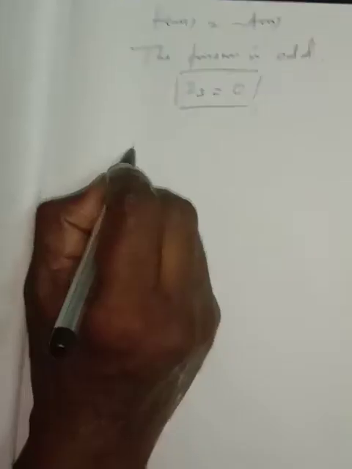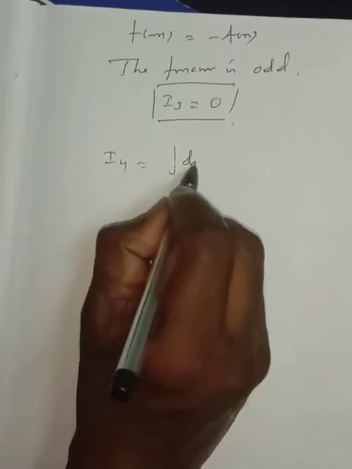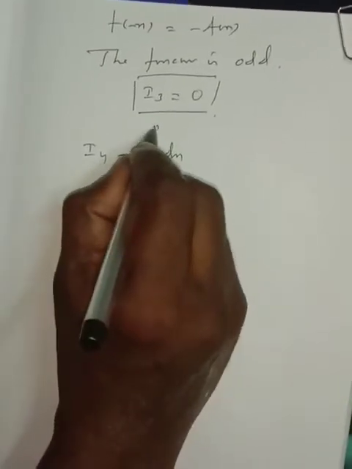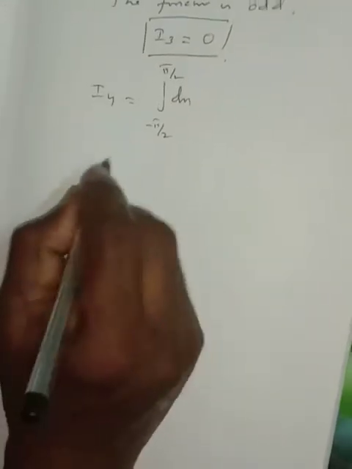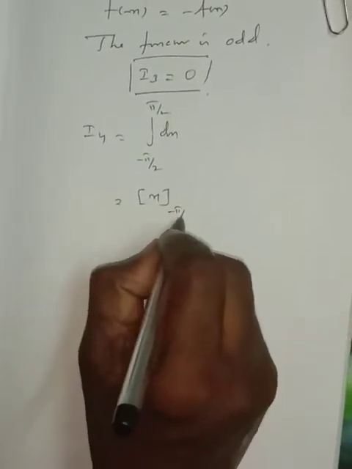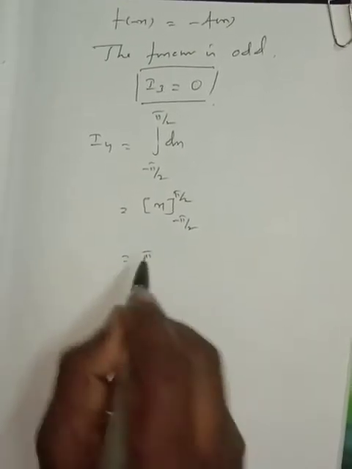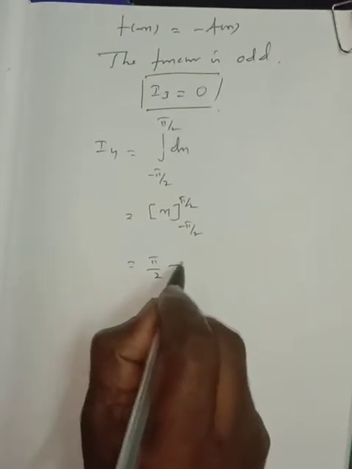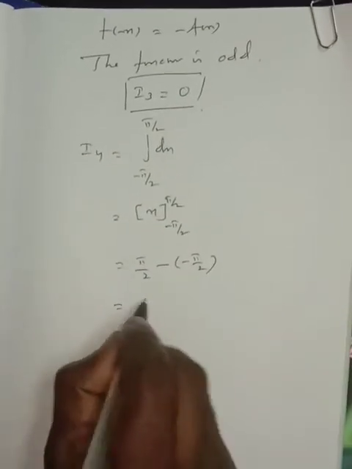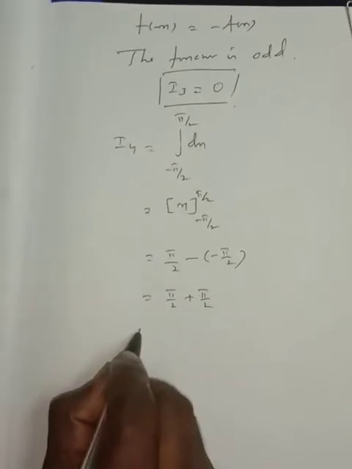Next, I4 is equal to the integral of dx from minus pi by 2 to plus pi by 2, which is x from minus pi by 2 to plus pi by 2, pi by 2 minus of minus pi by 2, which is pi by 2 plus pi by 2, that is pi.